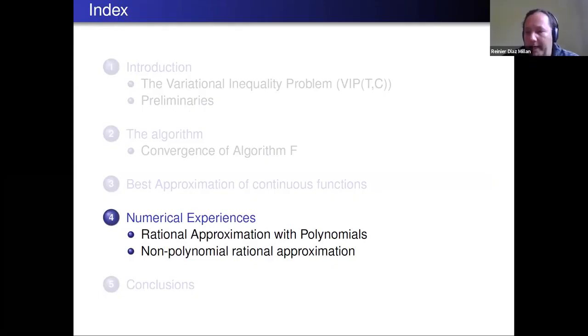We will apply the algorithms to see what happens when they try to solve the problem of finding polynomials, or something more general than polynomials, over and down to approximate the continuous functions.